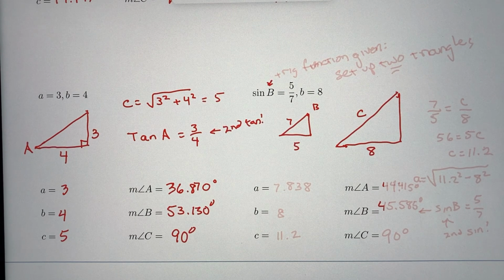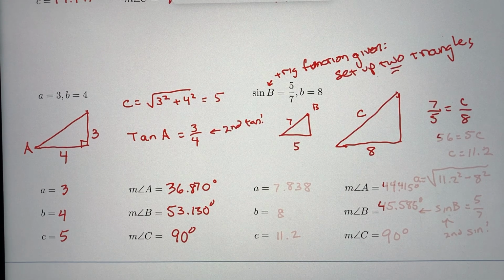So we can say on the left, 7 is to 5, as on the right, C is to 8.